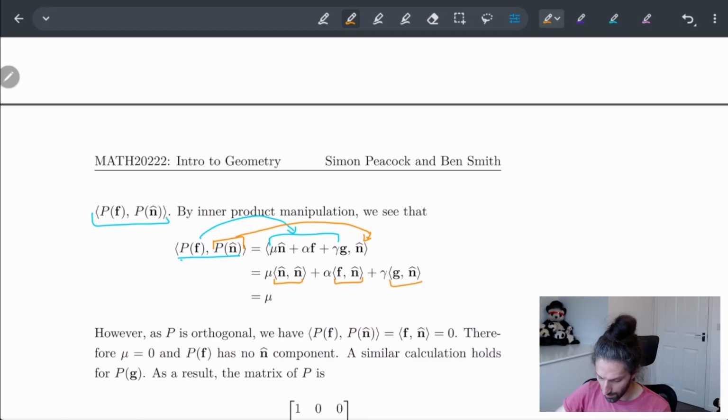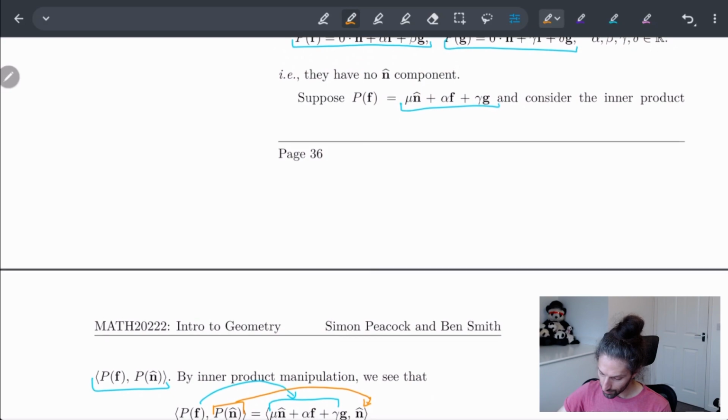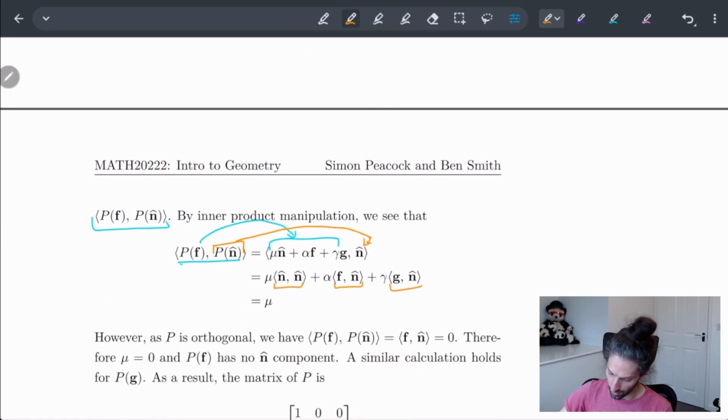So this is okay. Now, what do I know? What I know is that this is equal to 0 because it's orthonormal. They're orthogonal. This is equal to 0 as well. This is equal to 1. And so we're left with mu. So in other words, the inner product of P of f and P of n gives me mu.